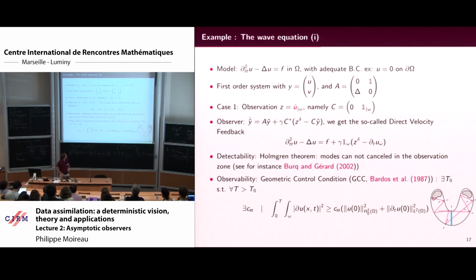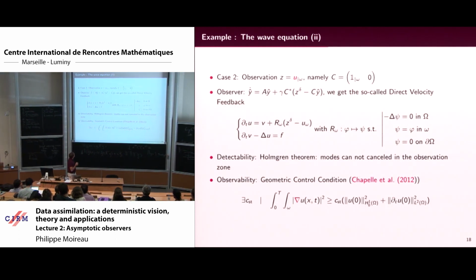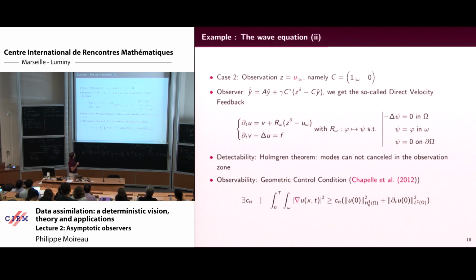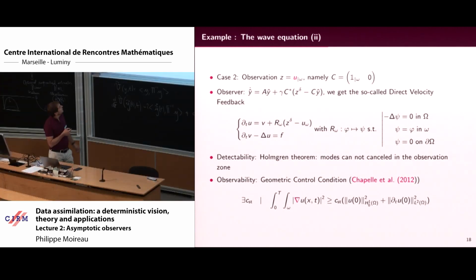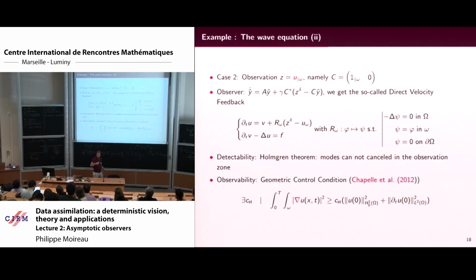We did the same when you measure not the derivative of the field, but the field itself. Then it's a little bit more complicated because C star should be understood in H1 somehow, because here it's H1, and so you find this system. Now you do not control as a force.